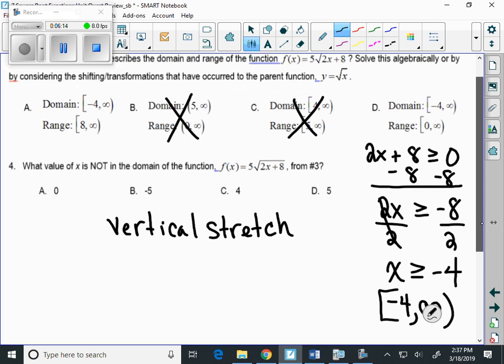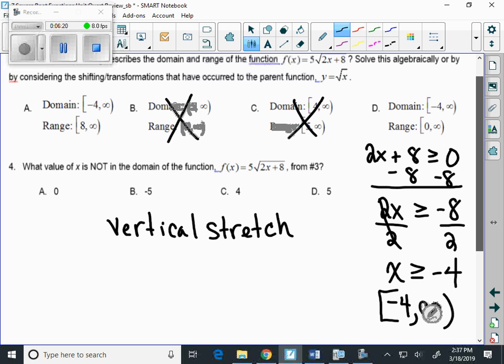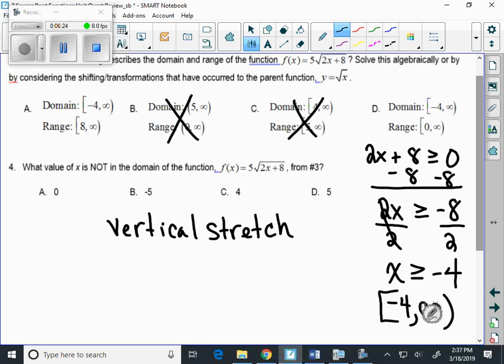And then we've got the domain in there, but does the vertical stretch change anything in terms of our starting point of our graph? And it doesn't, because when we start with our picture here, we would start with 0, 0. And then when we vertically stretched it, it would be 0 times 5, so it would still be 0.